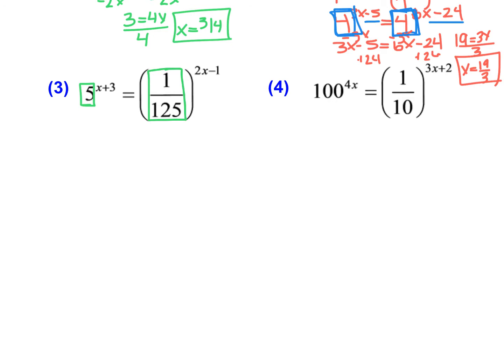Now, 5 doesn't condense down much smaller, but I do know that 1 over 125 can be rewritten as 1 over 5 to the third. Then I also know that I can move this exponent up, and it would become 5 to the power of negative 3. So what I can do here is I can rewrite 1/25 as 5 to the power of negative 3.